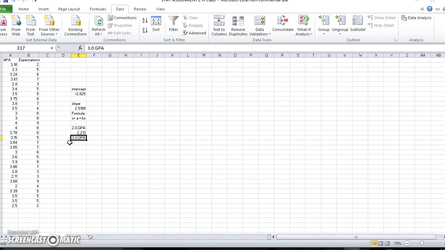So our expectations to do well in the class would be pretty low if we had a 2.0 GPA. Let's look at what our expectations for the class would be based on a 3.0 GPA.